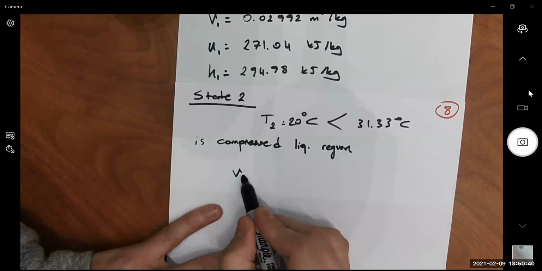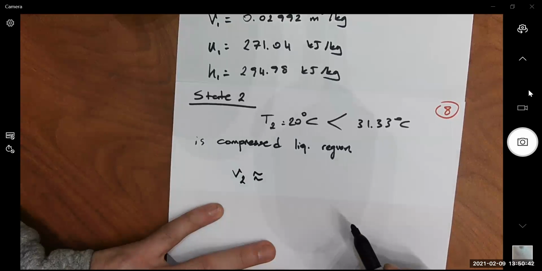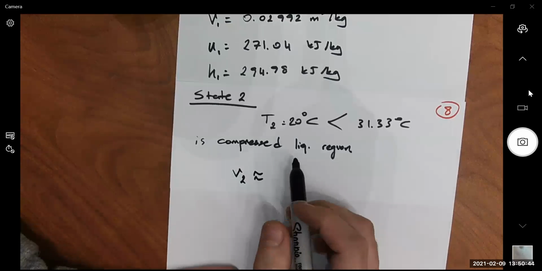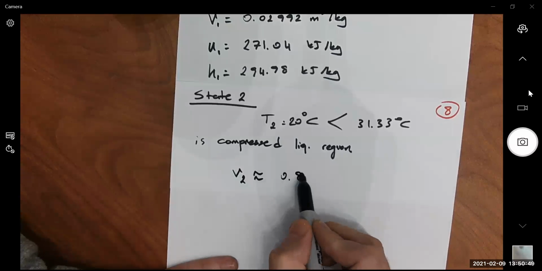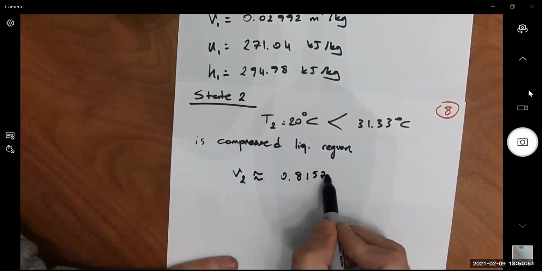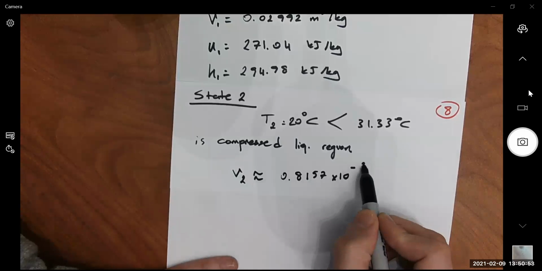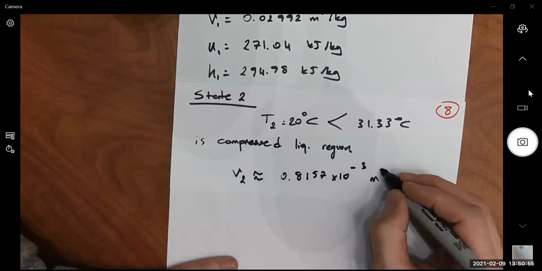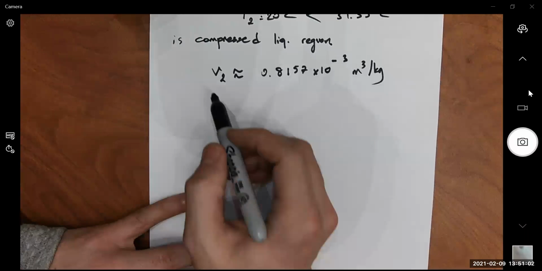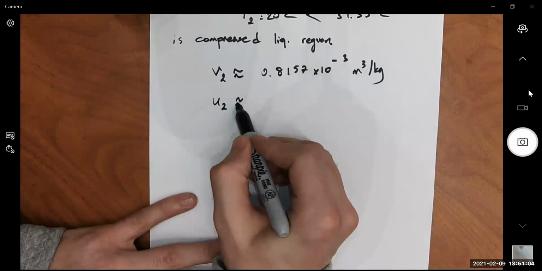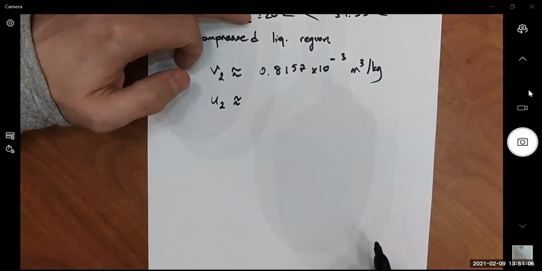So state 2, specific volume approximately at 20 Celsius is 0.8157 times 10 to the minus 3 meter cubed per kilogram. Internal energy at 20 Celsius.